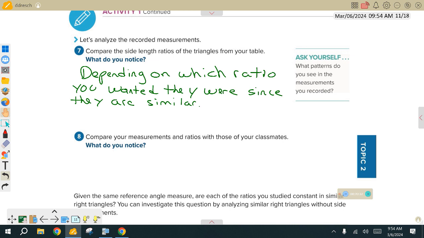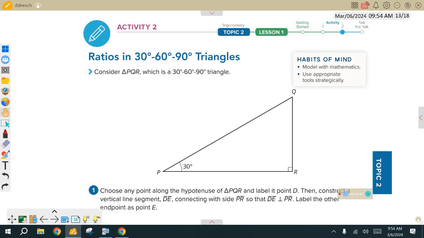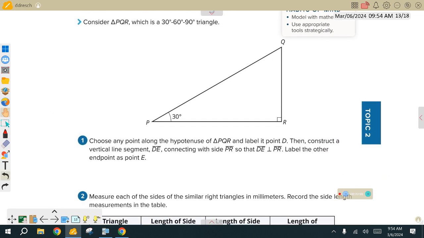So let's flip that and see how far we can get into the 30/60s. Let's try to get into a little bit of work with the 30/60s. I'm going to do the same thing here with you.